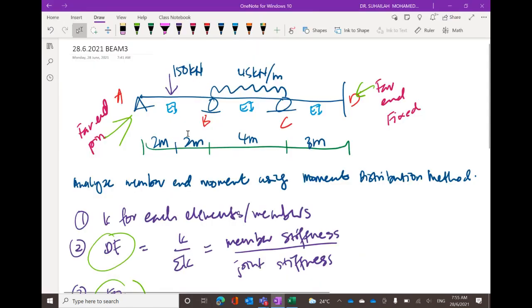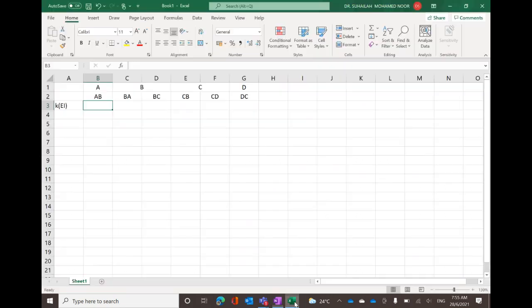If we refer back to this, for AB, the far end is a pin, so we need to use 3EI over L. So I put 3EI over L, where L is 4 meters. It is the same for BA, because it is actually the same member.